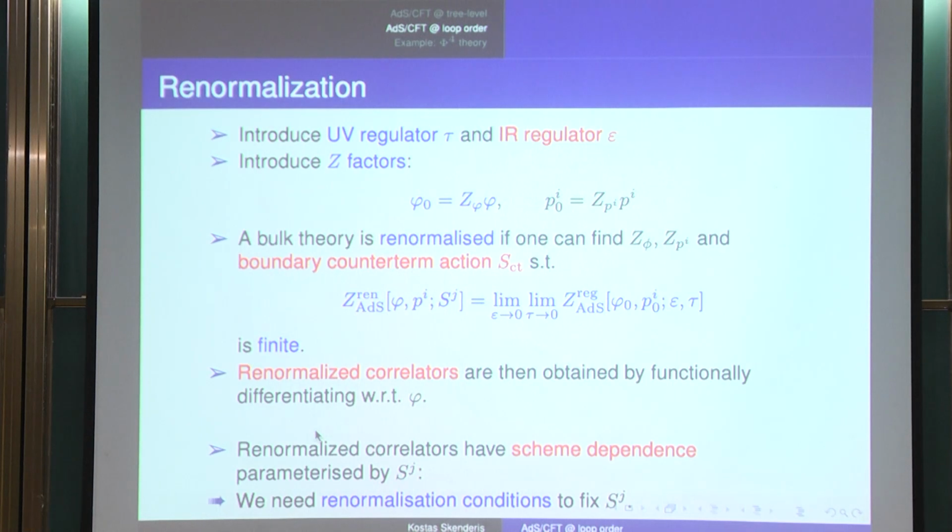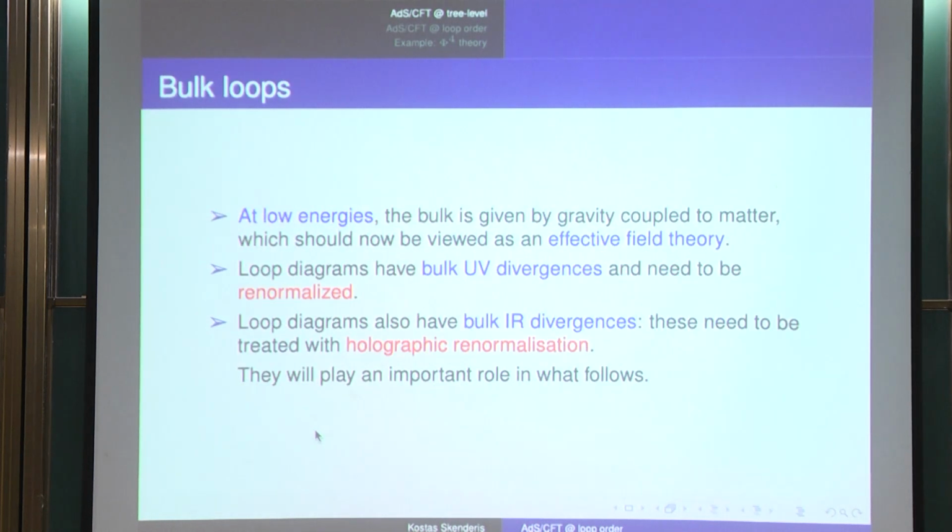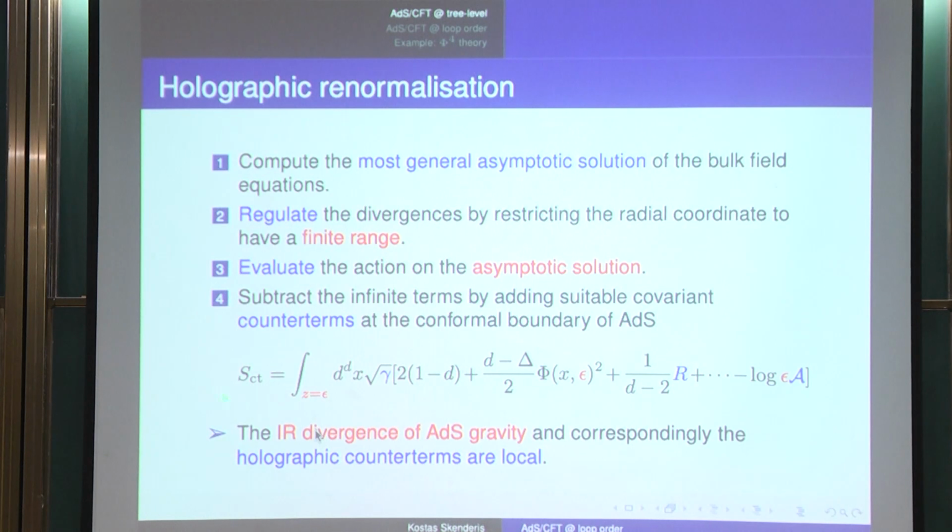And then the bulk theory is renormalizable if we can find such Z factors and, in addition, a boundary counterterm action. Here at tree level, you see we found a counterterm action. It was tree level, so no need for UV infinity. The only thing we needed was just this.